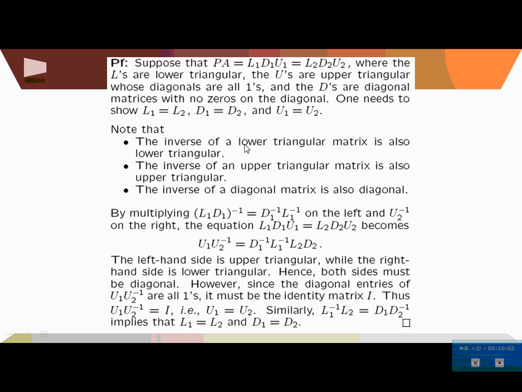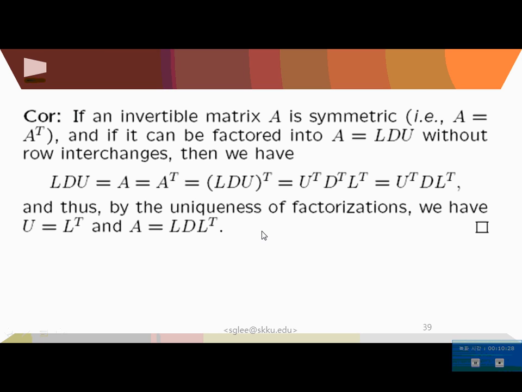The first: the inverse of a lower triangular matrix is also lower triangular, the inverse of an upper triangular matrix is also upper triangular, and the inverse of a diagonal matrix is also diagonal. Using this property, we can easily compare the ij entry of each matrix to find these entries are all the same. This is a very simple proof that you have already seen.